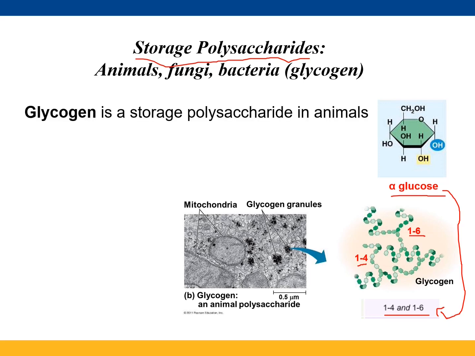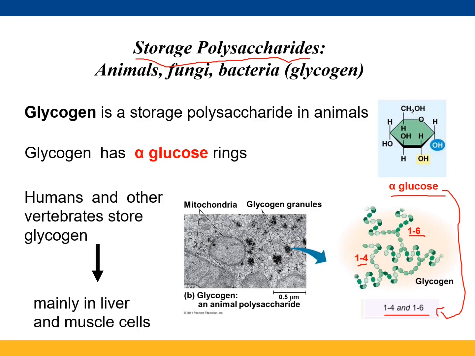So, glycogen is a storage polysaccharide in animals. Also, glycogen has alpha glucose rings. And finally, humans and other vertebrates store glycogen mainly in the liver and in muscle cells.